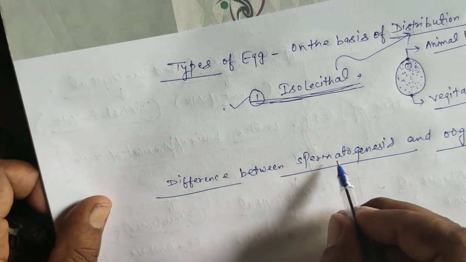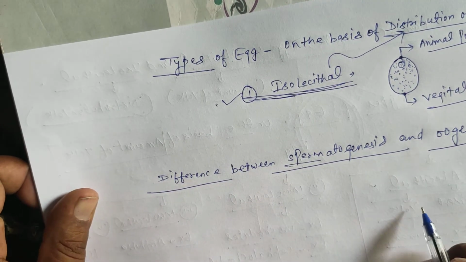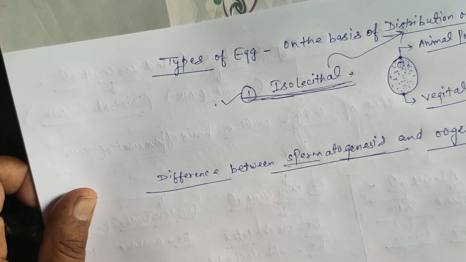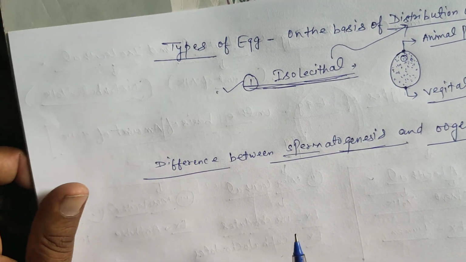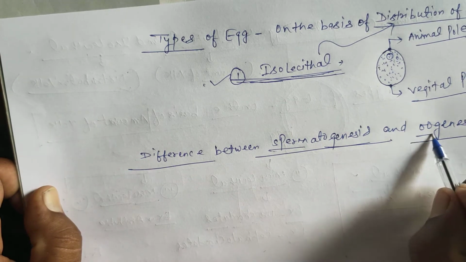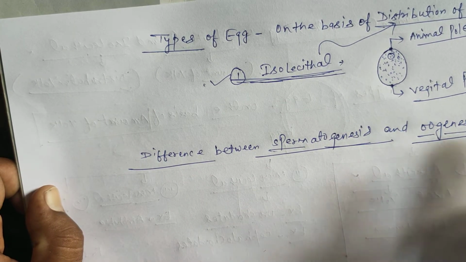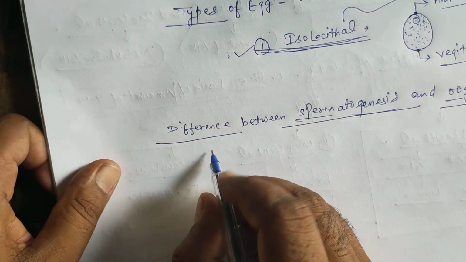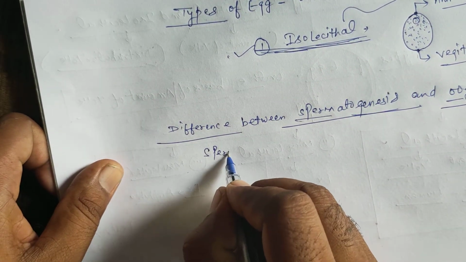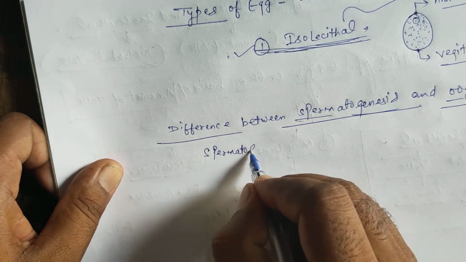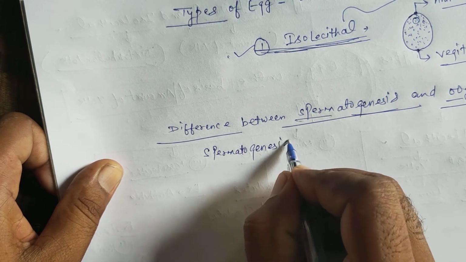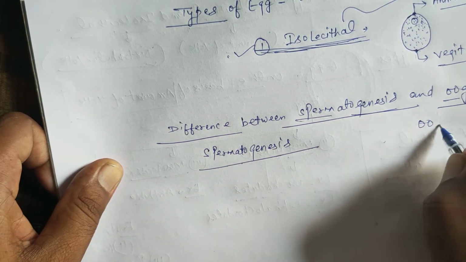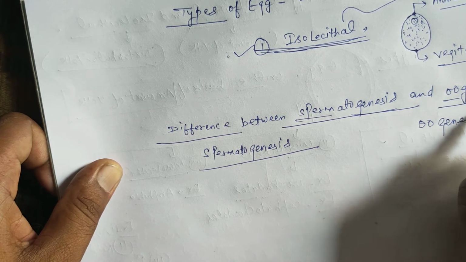Students, remember, spermato means sperm, genesis means formation, so it means formation of sperm. Oo means ovum, genesis means formation, so it means formation of ovum. First is spermatogenesis, second is oogenesis.